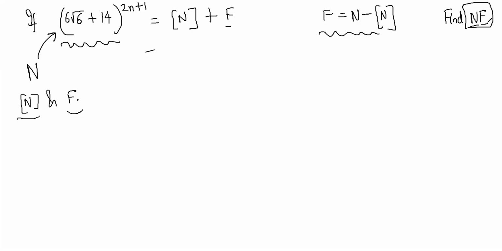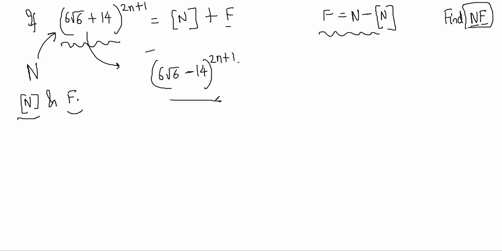So for this type of question, it is very convenient to think of the conjugate expression of this. By conjugate expression I mean (6 root 6 minus 14) to the power 2n plus 1. Why is that conjugate expression going to be useful?